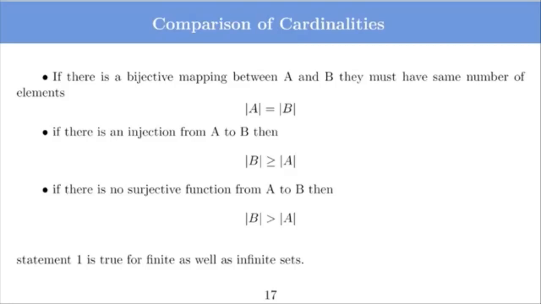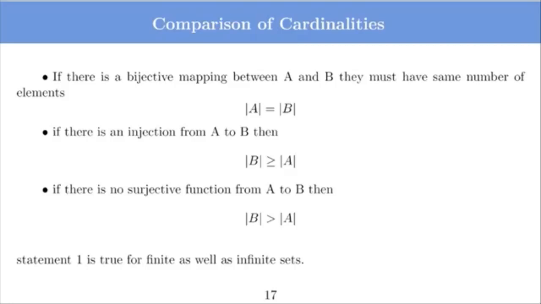This means every element of A and B is covered, and every element of A is mapped uniquely to an element in B, and every element of B is uniquely mapped to an element in A. This means there is a one-to-one correspondence. Both should have the same number of elements. If either had fewer, then it would not be possible to map them uniquely.